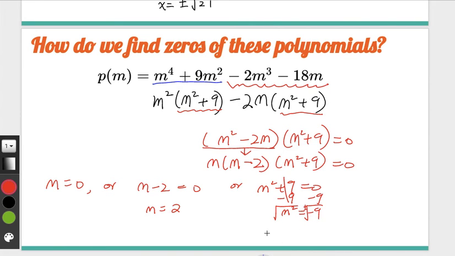So plus or minus, m will be plus or minus, and I'm going to change it to this. Is that very similar? So it's 3i. So 1, 2, 3, 4. So it's 0, 2, 3i, negative 3i.